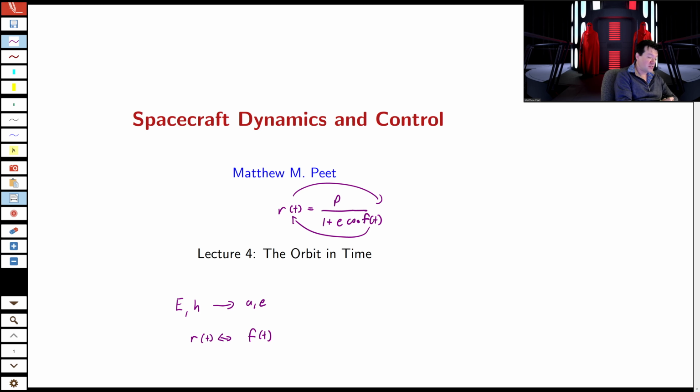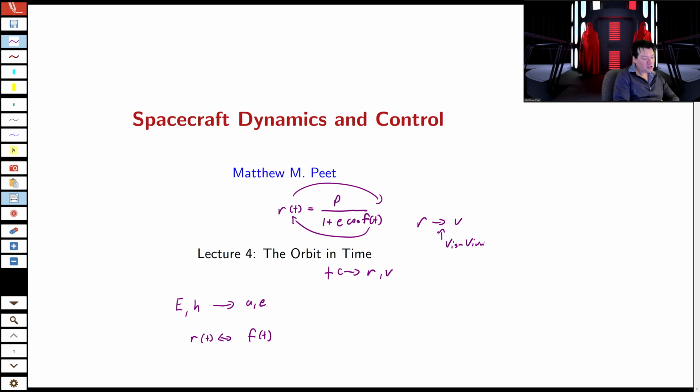Or conversely, given a position, when will the orbit be there? What we're really looking for is a conversion back and forth between r and v, because once you know r, you can use the vis-viva equation to find v.